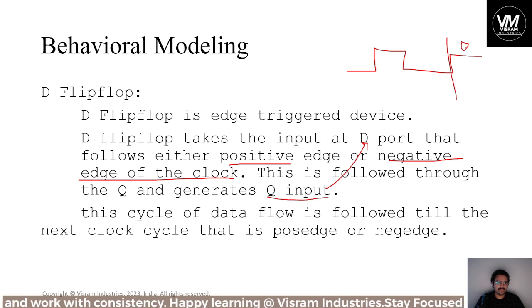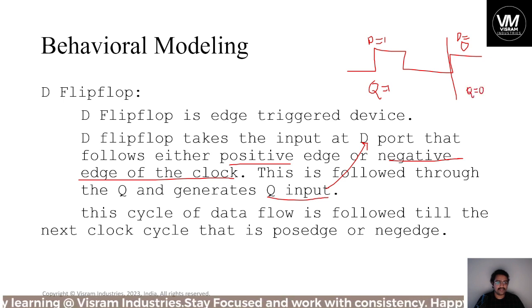If D is equal to 1, Q will also be 1, and if D is equal to 0, Q will also be 0. If D doesn't change, Q will remain until the D value changes. Okay, so that is it.